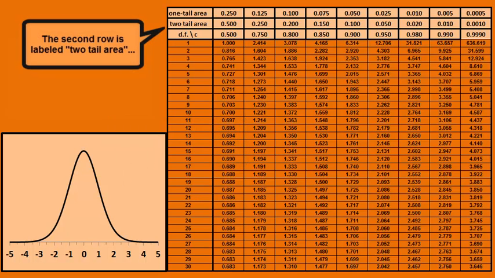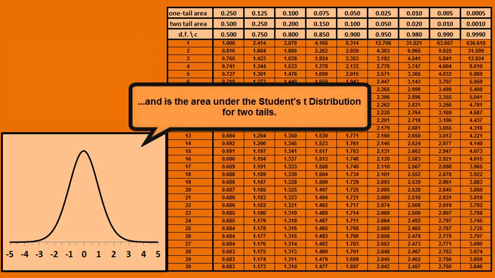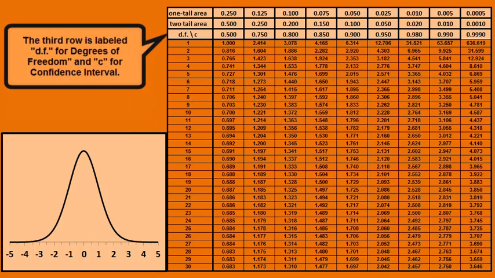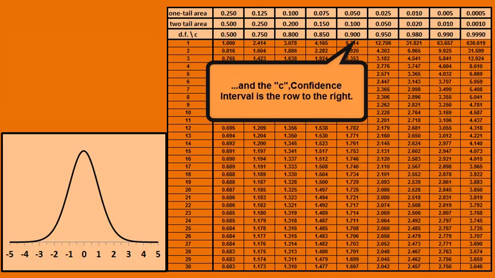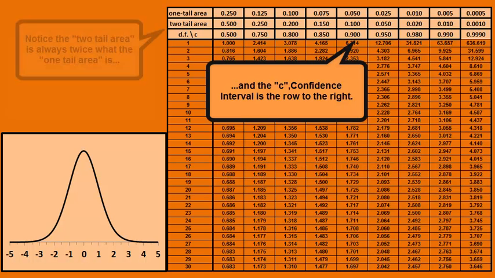The second row is labeled two-tail area, and is the area under the student's t distribution for 2 tails. The third row is labeled df for degrees of freedom and c for confidence interval. The df is the column under this label, and the c, confidence interval, is the row to the right.